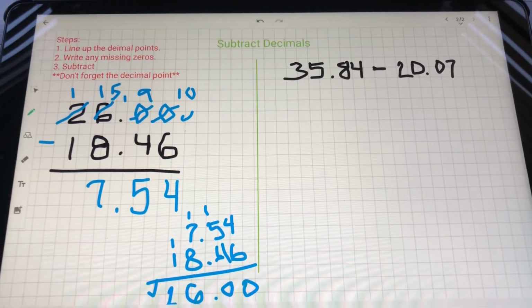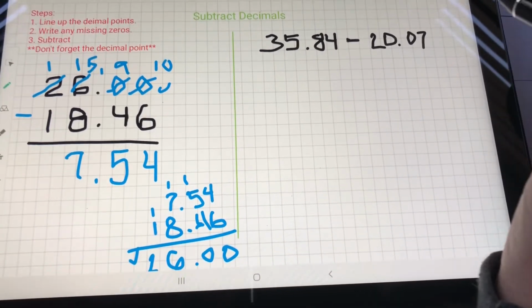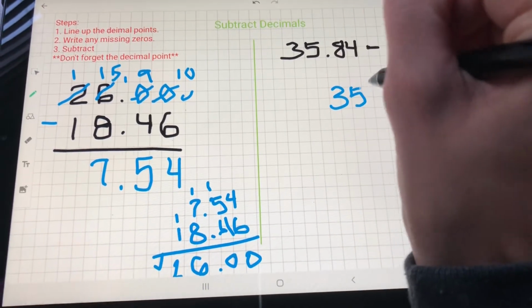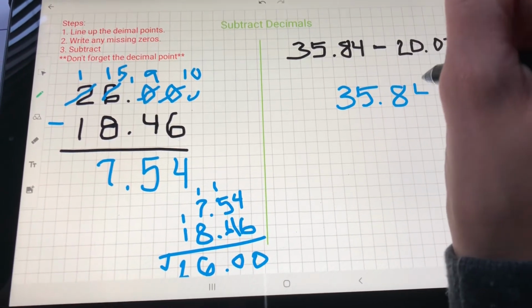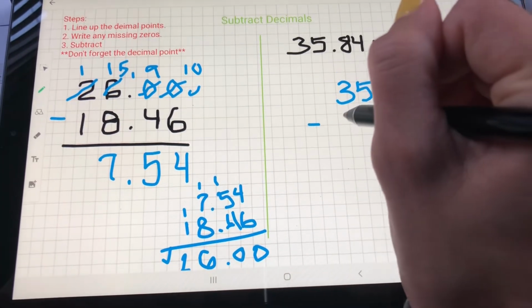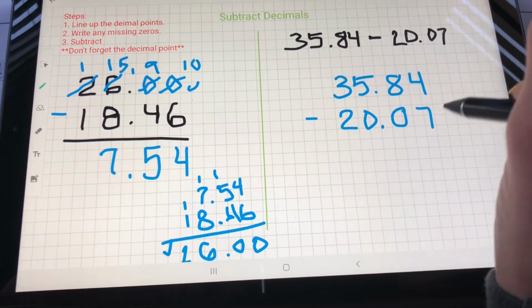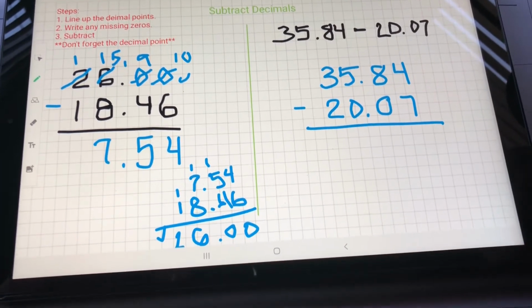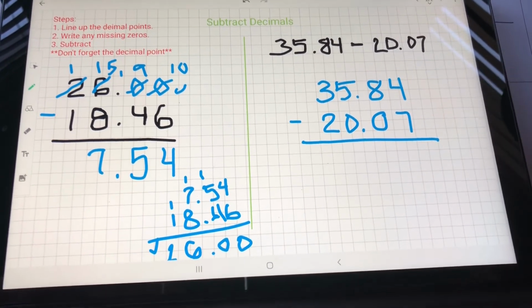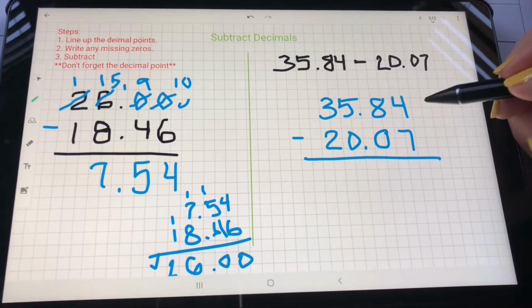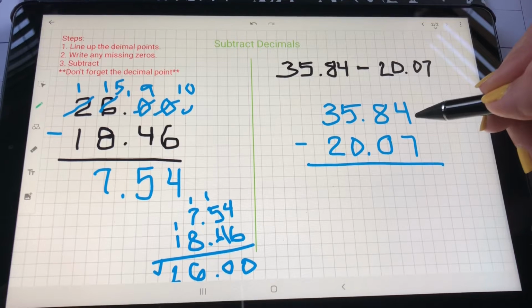Okay, now for the other one, we need to set it up. So we need to do step 1, lining up the decimal points, the decimal places. So we write our number 35.84 minus 20.07. Okay, we check. Do we have any missing zeros? No, all the zeros are there, so we're ready to subtract. Can we do 7 from the 4?